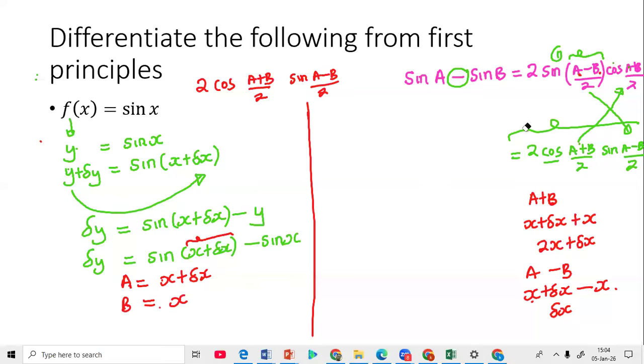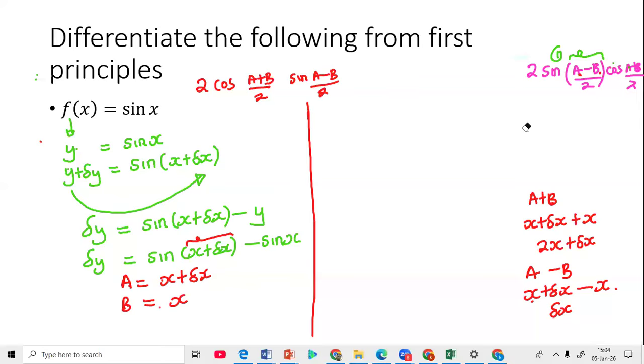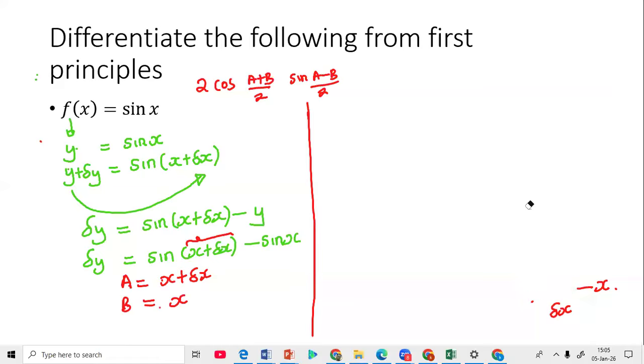So I'm going to come here. Allow me to clean my screen so that I have space. When you see me just putting 2, it is okay.